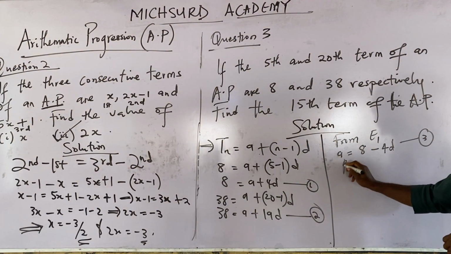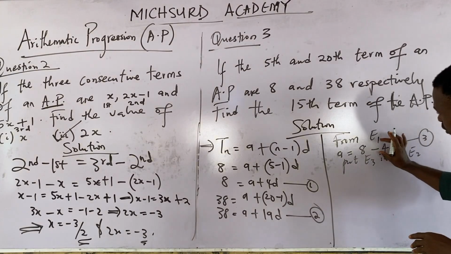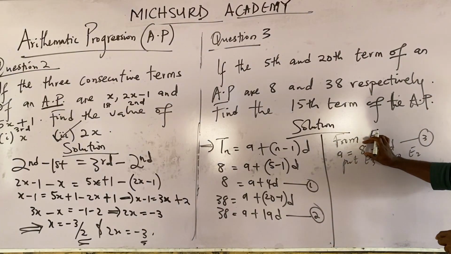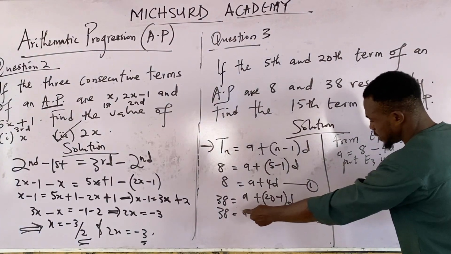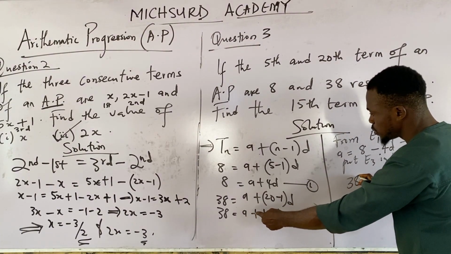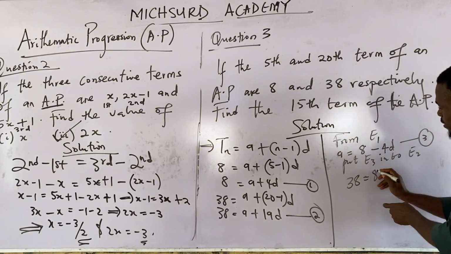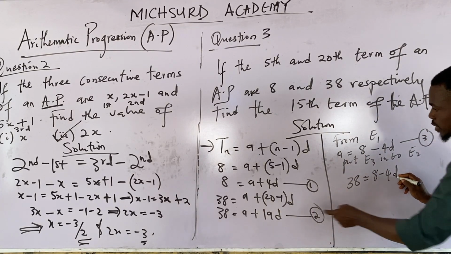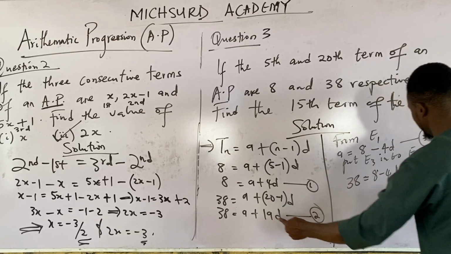Now I will put equation 3 into equation 2. Anywhere I see a, I'm putting 8 minus 4d in equation 2. So 38 in equation 2 is equal to a, and a is 8 minus 4d, then plus 19d.